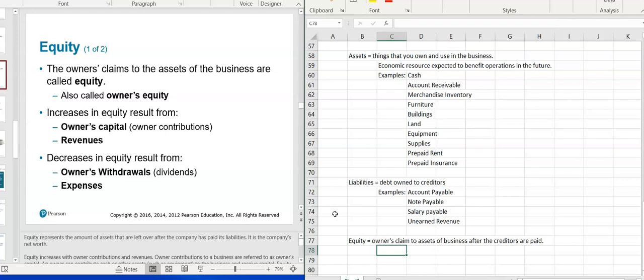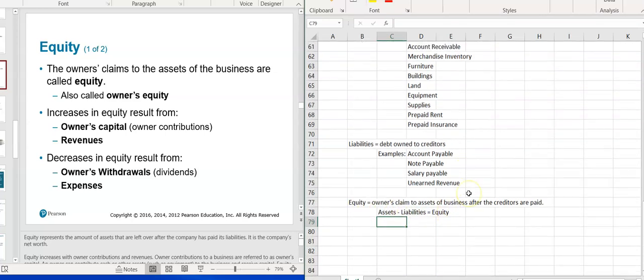Right? So another way that you could look at this accounting equation, you could say assets minus liabilities equals equity. So it's whatever's left over. And actually in many countries, this is how they set up their financial statements. They have their assets, they subtract out the liabilities, and that leaves you with equity at the end.